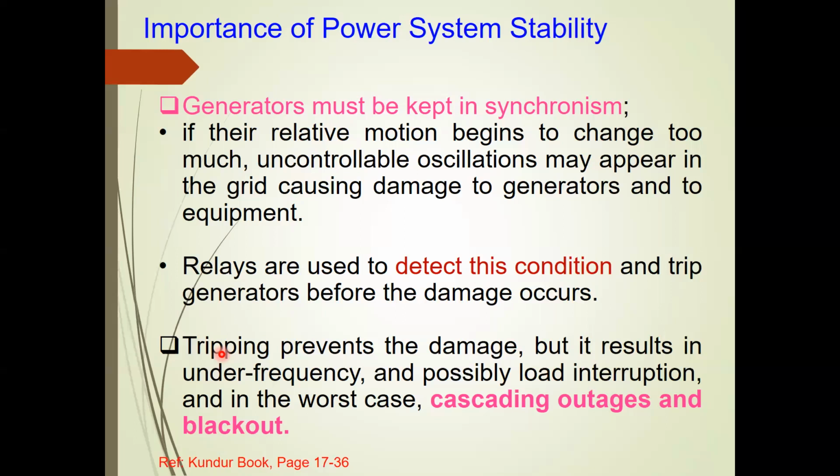So there is a mismatch between the generation and the load, and that may result in under frequency, because power generation is low, your load demand is more, and in that case the system frequency will dip.